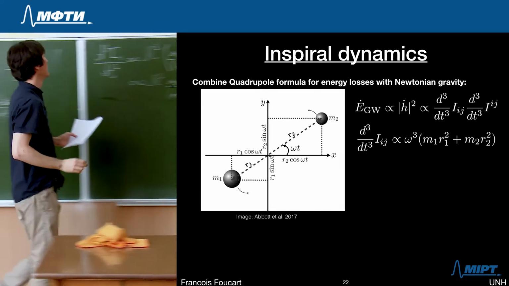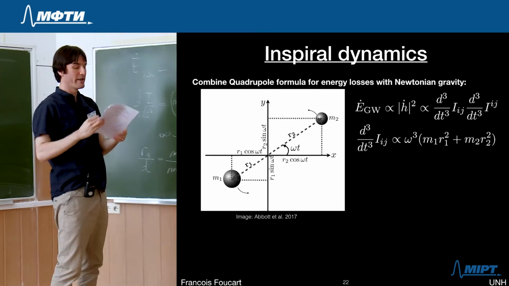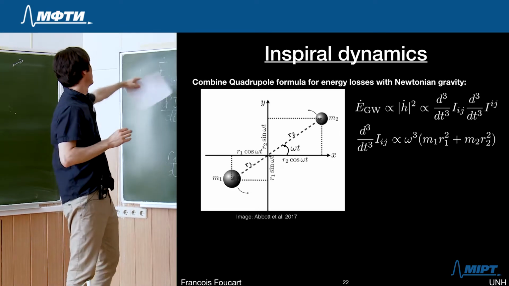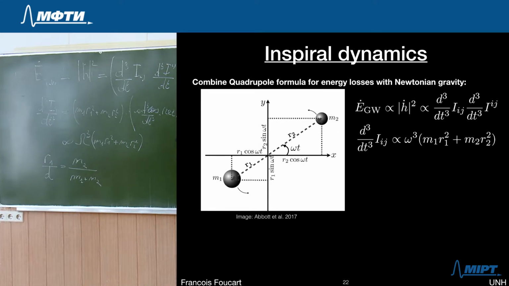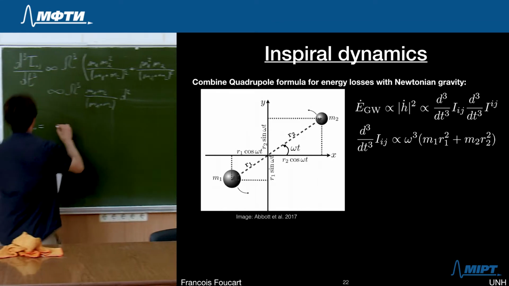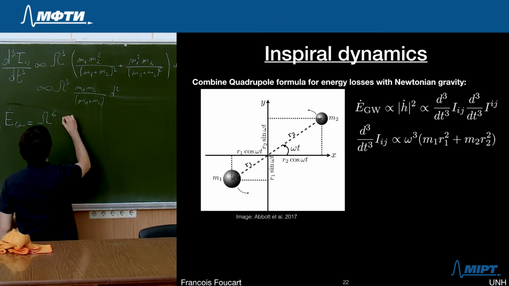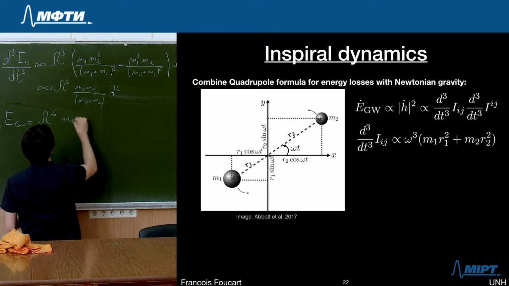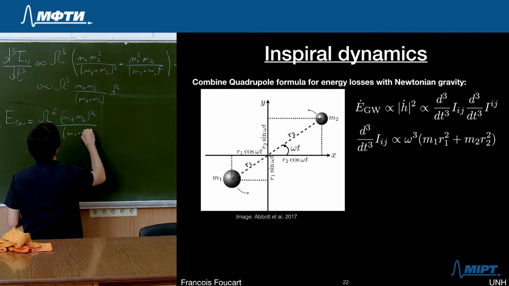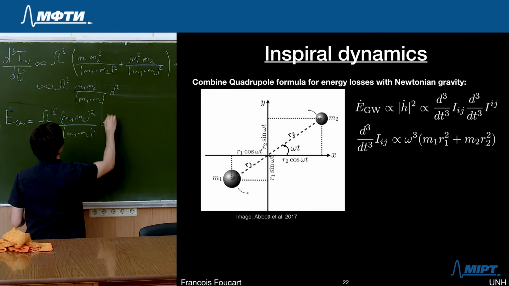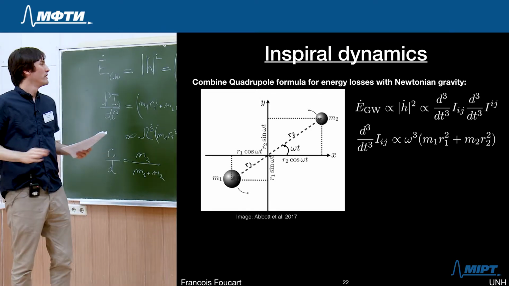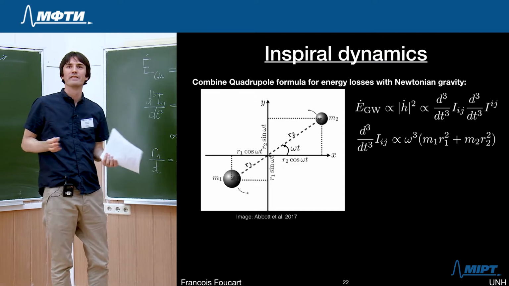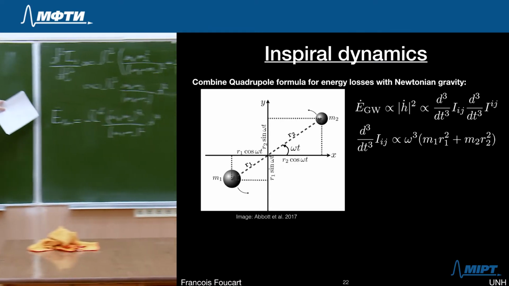Okay. So from that I can derive what the energy in gravitational waves is. Six m1 m2 square d4. The other thing that I need is, so this is the energy lost by the binary.